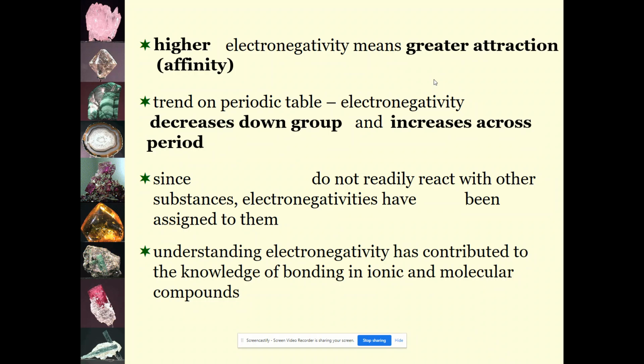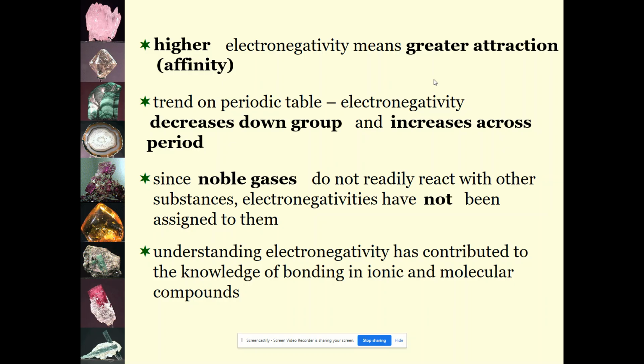If you look on the periodic table, at the very bottom left is francium, which is 0.7. That is the lowest electronegativity on the table. And at the top right-hand side, we exclude the noble gases, because they're not involved in bonding. This is the value of how strongly an atom attracts bonding electrons, and noble gases are already stable.